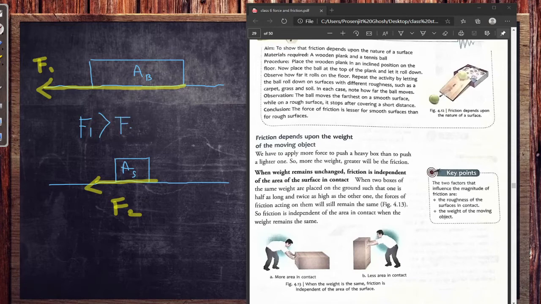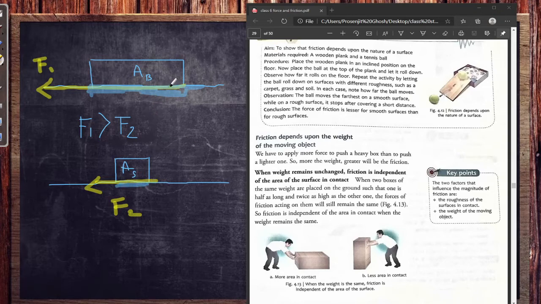But why so? I told you that the friction force acts at the place where the body touches the ground. That is the contact point of the body with the surface or the ground. So if you increase this contact area, as you can see, this is a big contact area compared to the lower one.